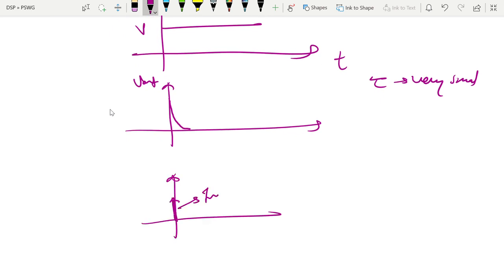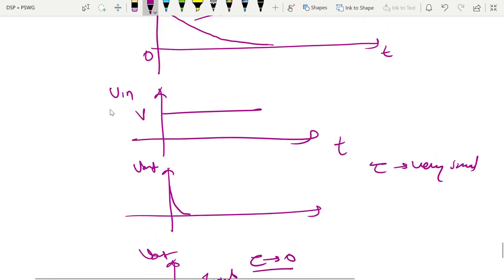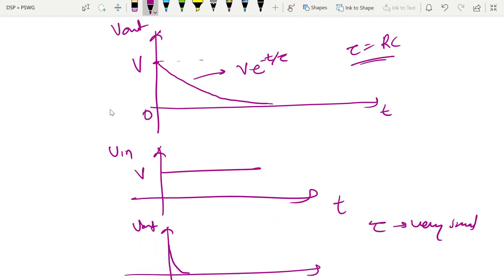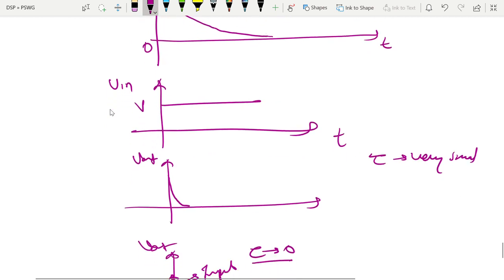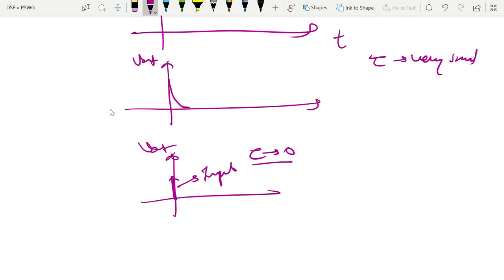The time constant is associated with capacitor charge and discharge. The capacitor is discharging here, so this is the equation of capacitor discharge. If RC is very small, it will discharge very fast. Practically it is not possible for the time constant to be 0, because the capacitor and resistance have some value. So it will not attain an ideal impulse, but it is close to it, so this signal is considered an impulse signal.